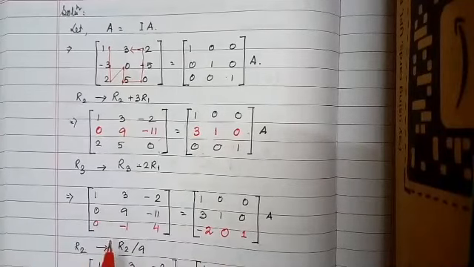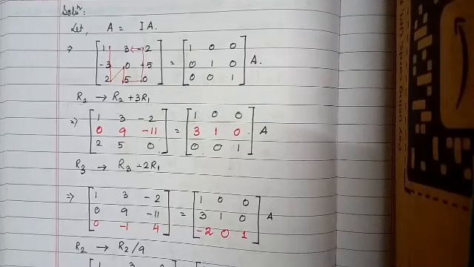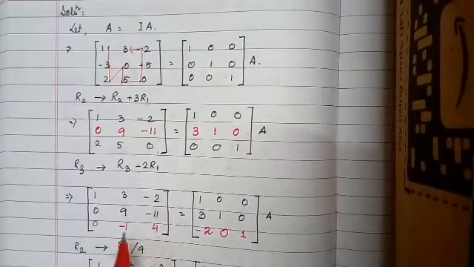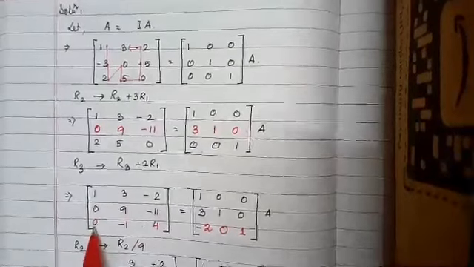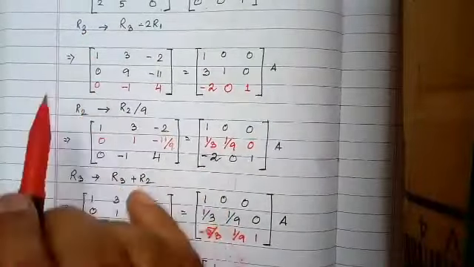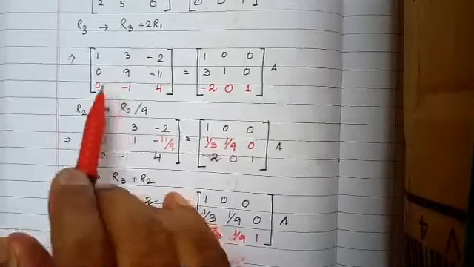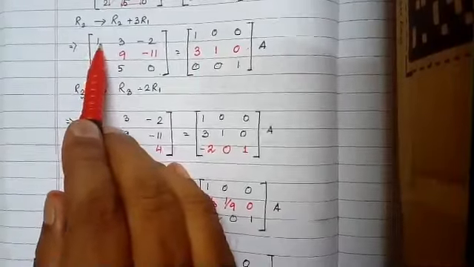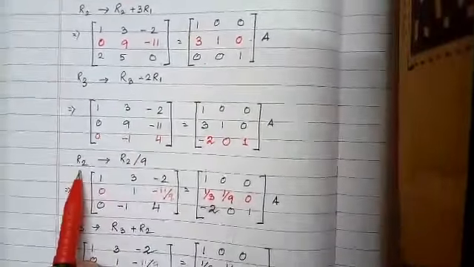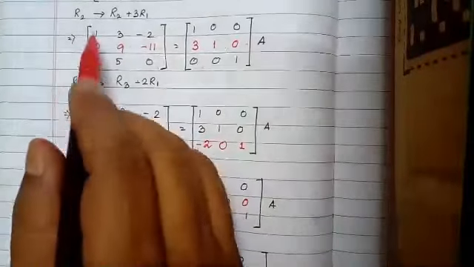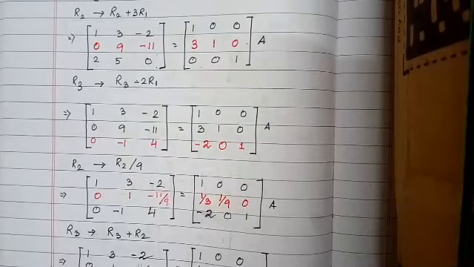Next operation: R3, we have to make this one 0. As this is 2, we need to multiply the first row by 2 and then subtract from this one. Also R2 is replaced by R2 by 9, because now we are going to change.